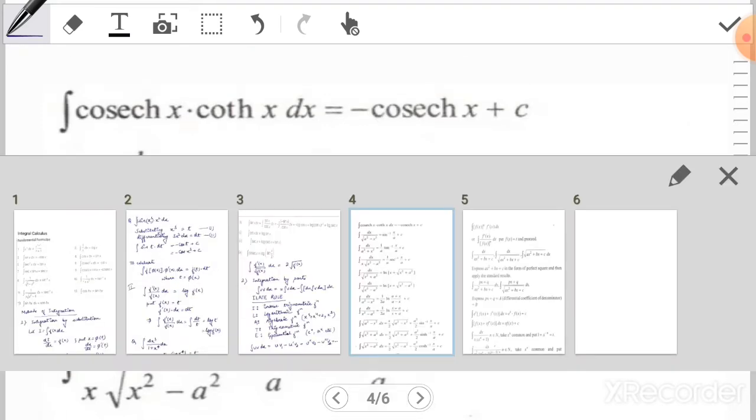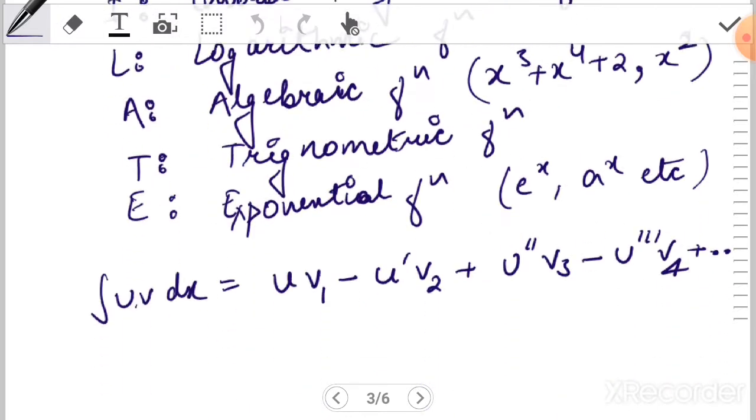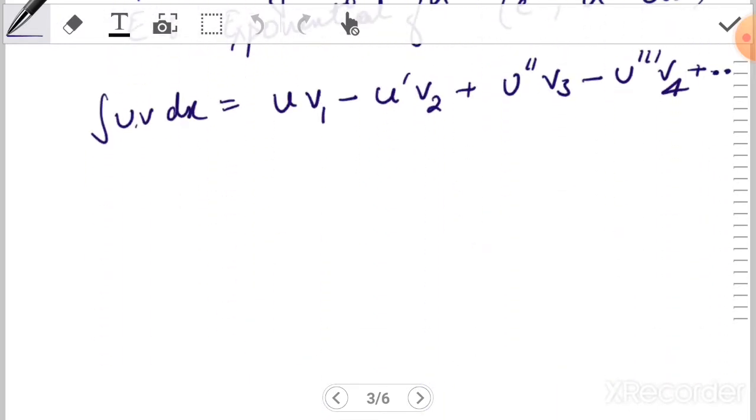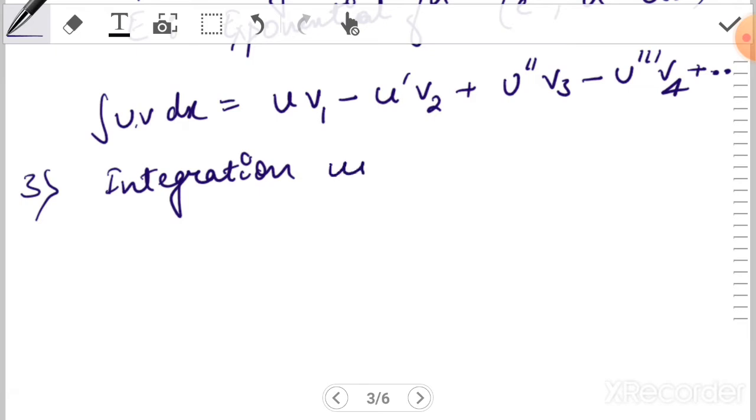Let us go back. So third is integration using trigonometric identities.